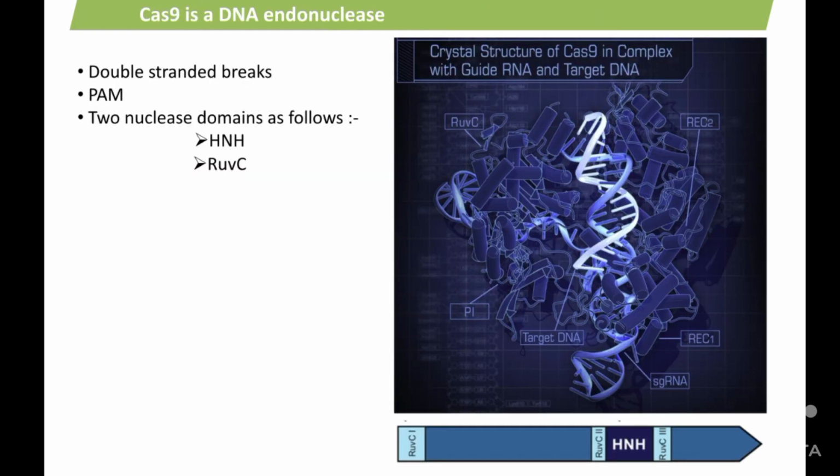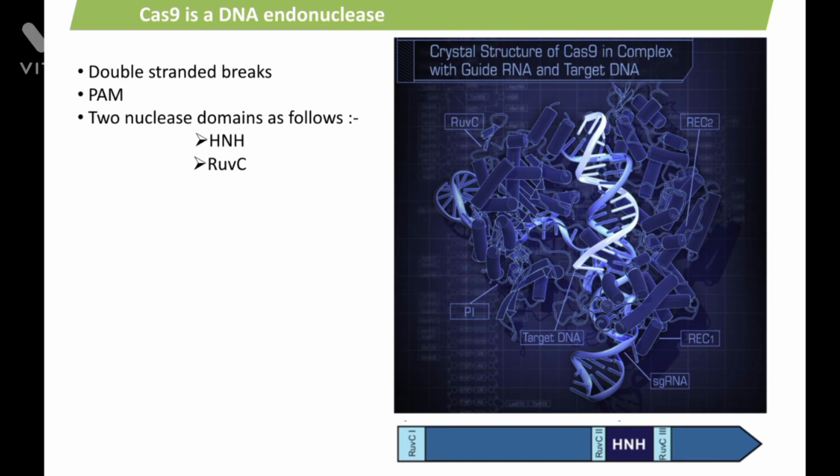Cas9 is a DNA endonuclease guided by two RNAs. Cas9 proteins constitute a family of enzymes that require a base paired structure formed between trans-activating crRNA and the targeting crRNA to cleave the target by inducing a double-stranded break in the DNA. Cas9 recognizes a specific sequence called the protospacer adjacent motif, or PAM, and induces a double-stranded break 3 base pairs away from the PAM.